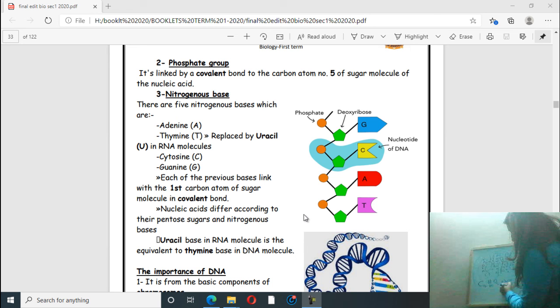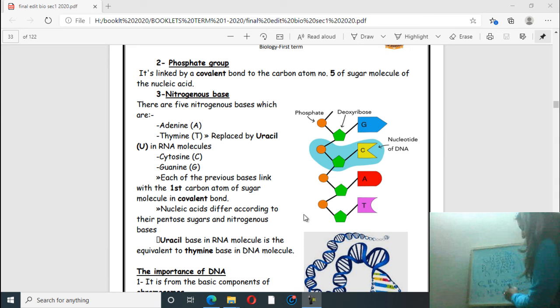And the deoxyribose sugar, which is found in the DNA, consists of also 5 carbon atoms and the same number of hydrogen atoms, but we have to decrease 1 oxygen atom to be deoxyribose sugar in the DNA. So here is another difference between DNA and RNA in the type of sugar. DNA contains deoxyribose sugar, which has 1 less oxygen than the ribose sugar, which is found in the RNA.